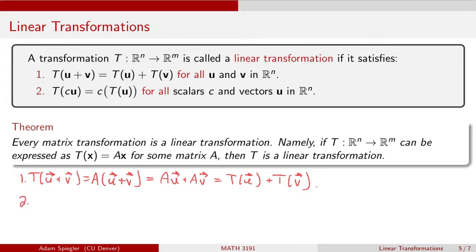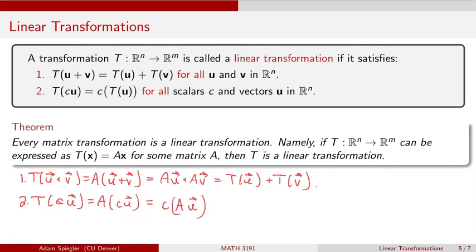So this property, breaking up sums, follows directly from the property of matrix vector multiplication. And very similarly, if I want to prove the second property, what would the image of scalar c times vector u look like? Well, we're defining this map as matrix A times c times vector u, and we have also shown a property of matrix multiplication that we can pull that scalar out in front.